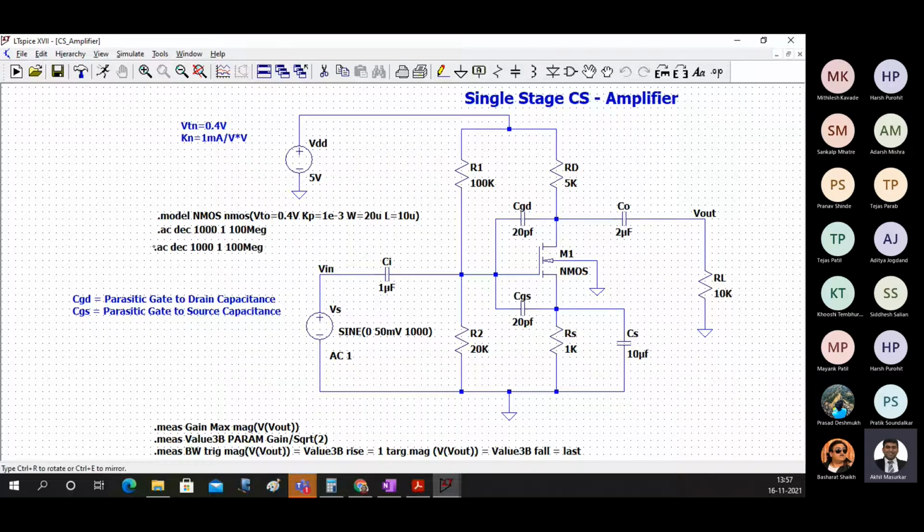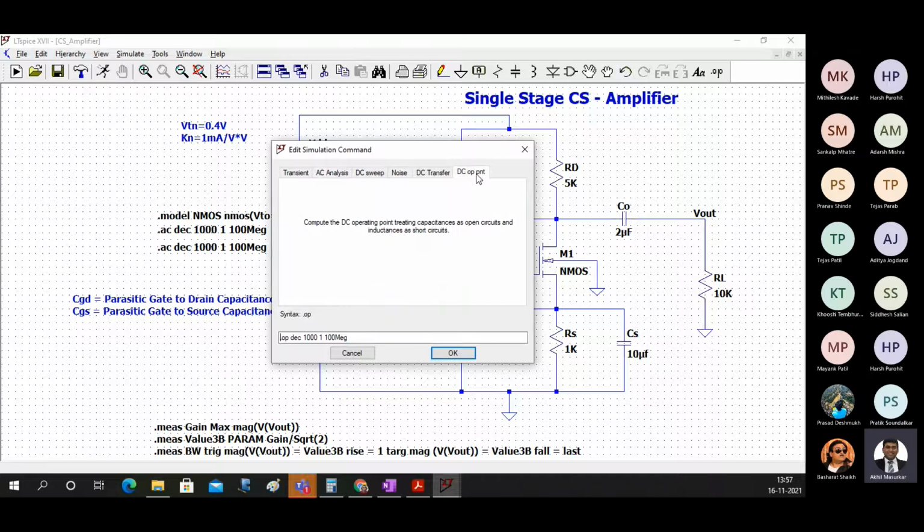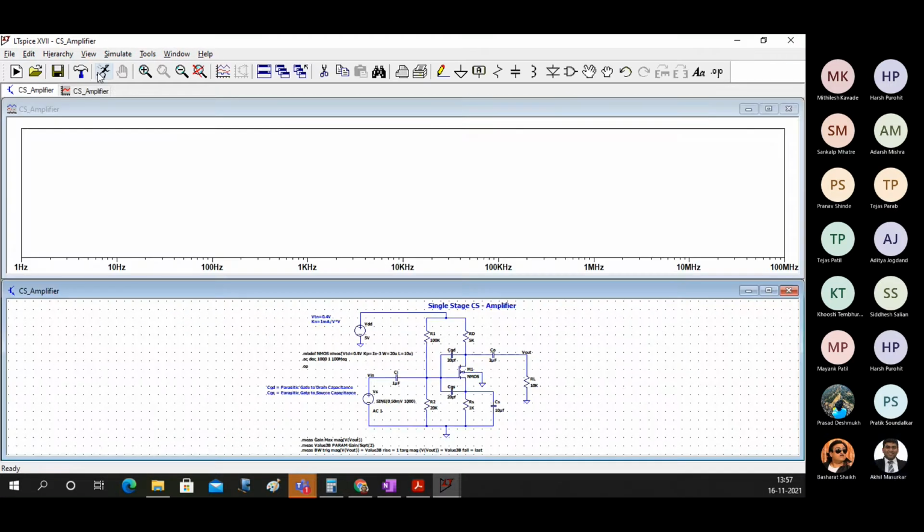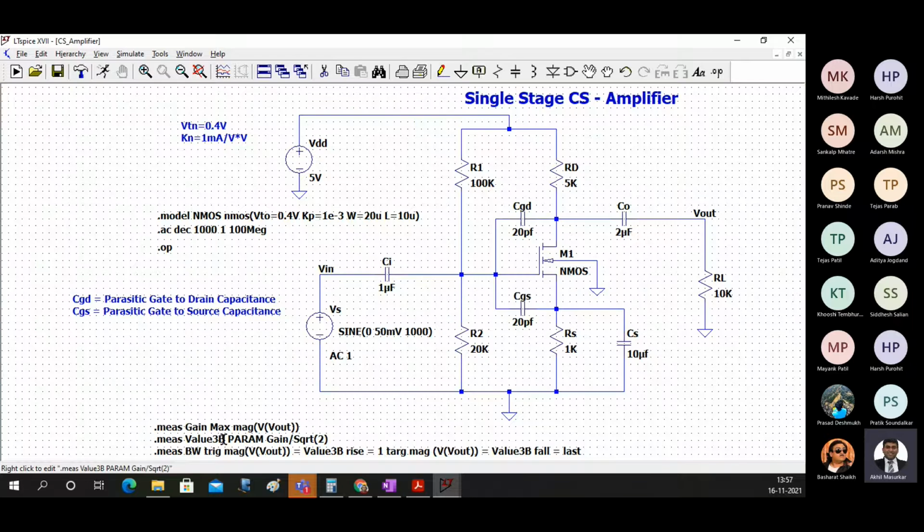Copy this, get it here, and the second one you can change to dot op, remove all this and just keep dot op. Now if you run, you should be able to get both of them. But the problem now is that there is a dot measure also, so we have to remove this dot measure. Have you understood how to actually find this out? Let me check.